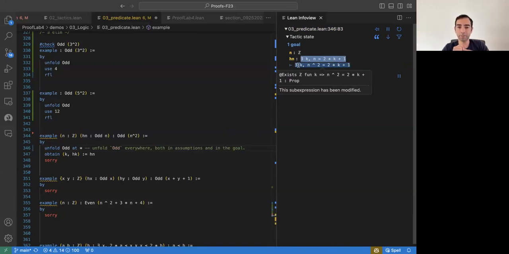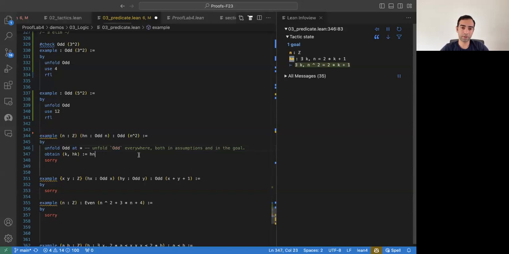So we have to somehow break down this hypothesis Hn to get some useful information to prove the goal. We are proving an existential, but we want to do something before it, which is to use an evidence or witness of an existential quantifier.